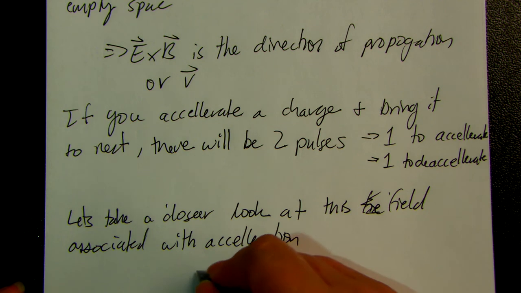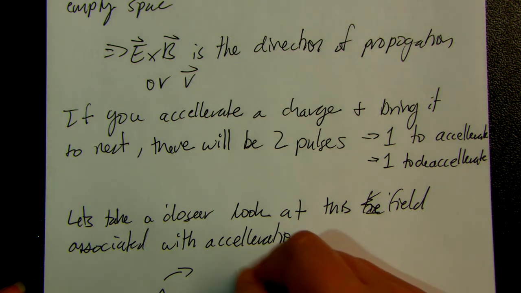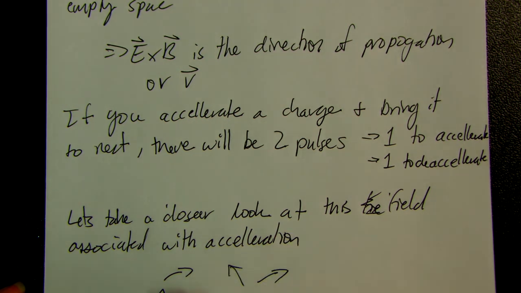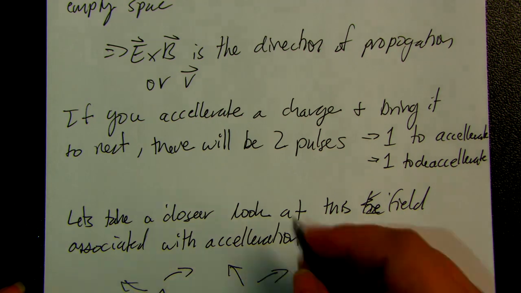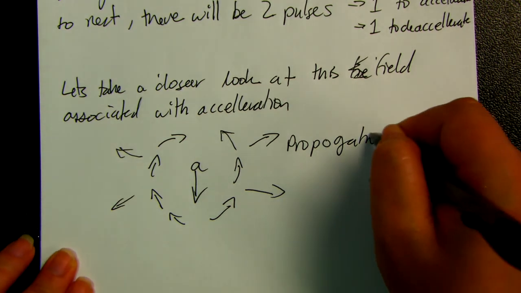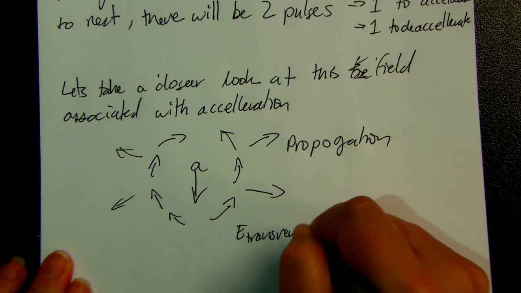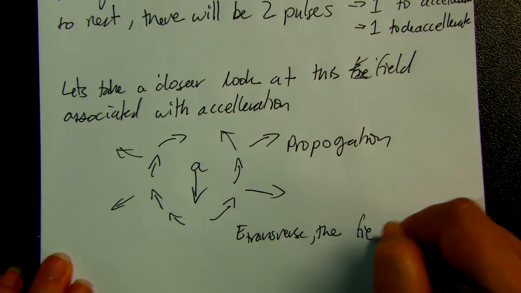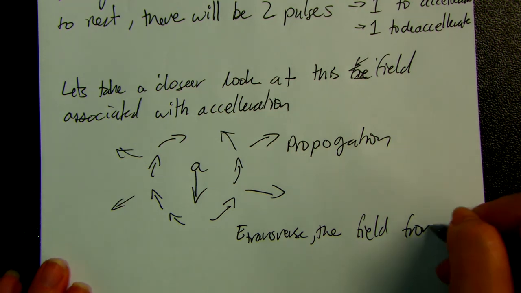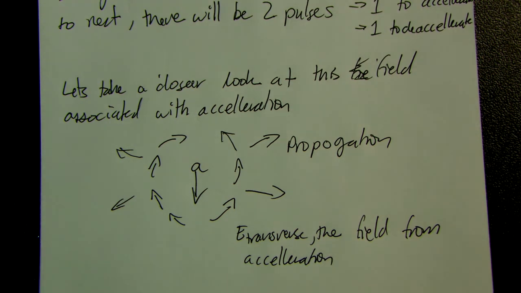So you start to get something that looks like this, where this is the propagation. And then you have E transverse, the field from acceleration. And so that's basically the idea of it, and then now visualize it in 3D.